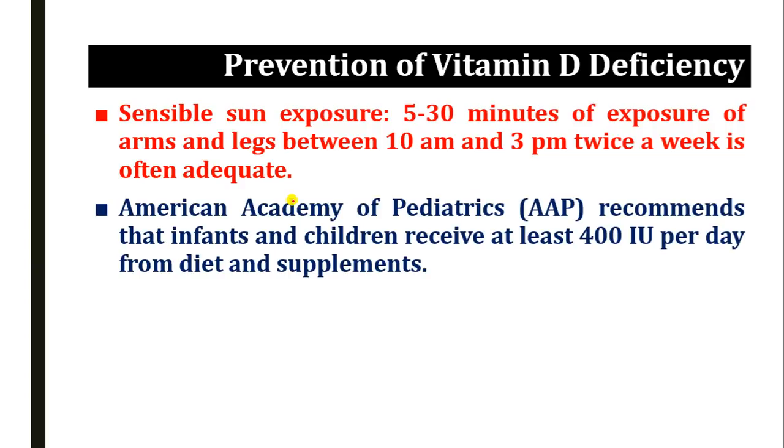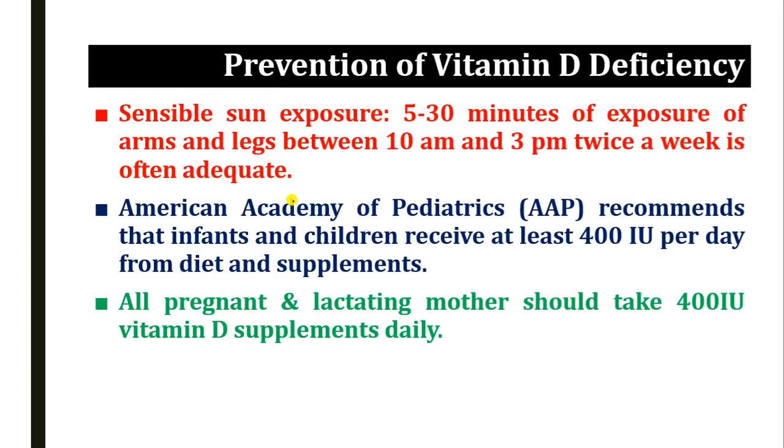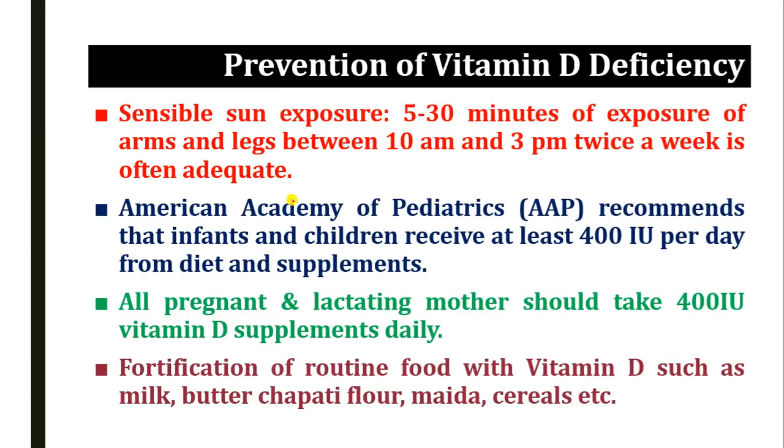According to the American Academy of Pediatrics, if we give infants and children around 400 units per day as a supplement or in the diet, we can prevent rickets. All pregnant and lactating mothers should take 400 international units of vitamin D supplementation daily during pregnancy, and even after the lactating period.